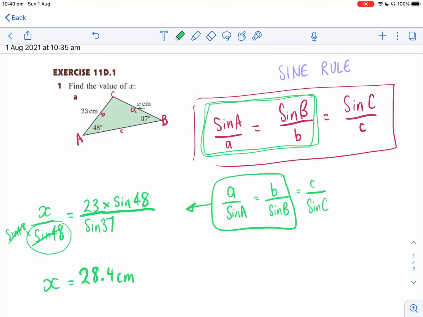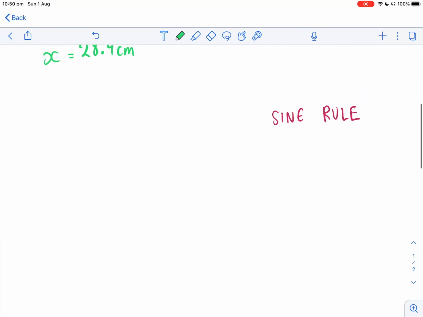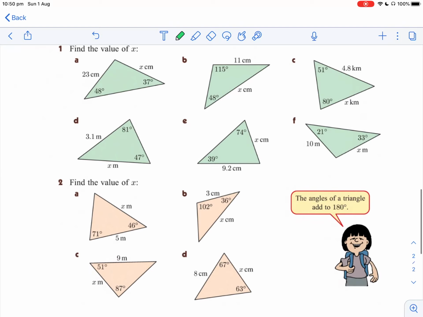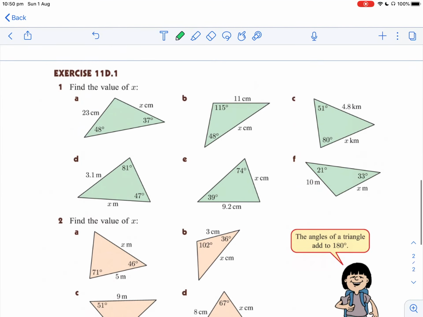So now I want you guys to use this rule up here to have a go at question 1, question 2, and question 3. So remember, you just need to label your triangle. So if this is capital A, this side here will be lowercase a, capital B, this will be lowercase b.